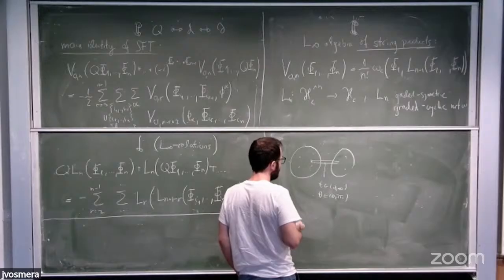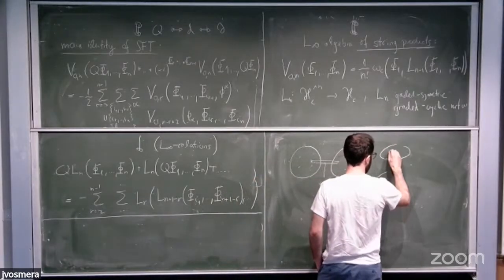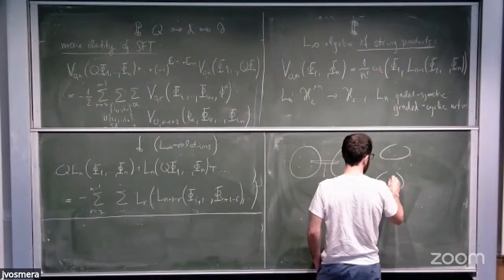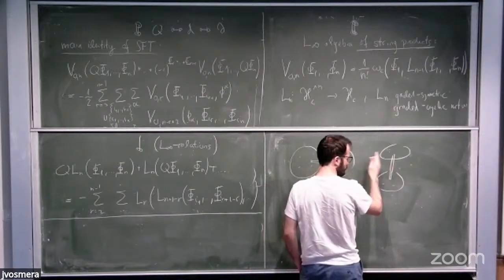Well, I'm also worried about overcounting. If I do this in two different ways, it's not obvious at all that there's not going to be some parameter here which maps to some parameter here, so it could even overcount.